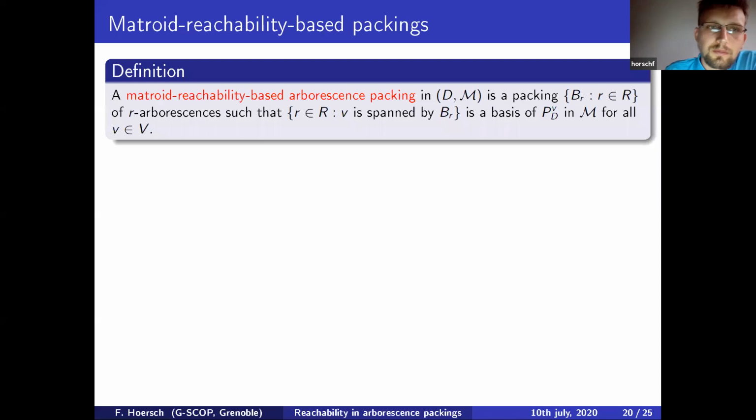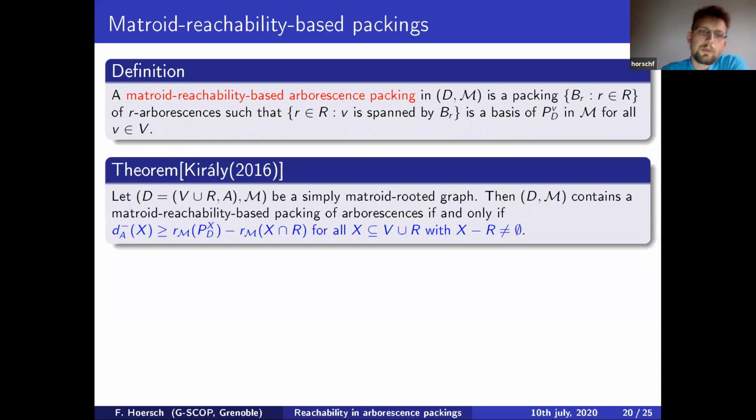Okay. And again, there's a theorem which was proved by Kirai in 2016, which gives a necessary and sufficient condition for such a packing to exist. And again, the necessity can be seen pretty simply by the same argument as I just gave you for the other theorem.